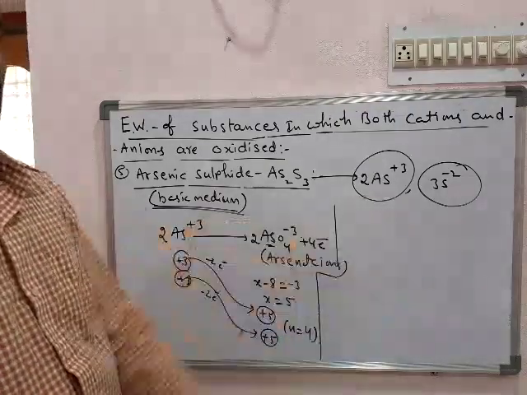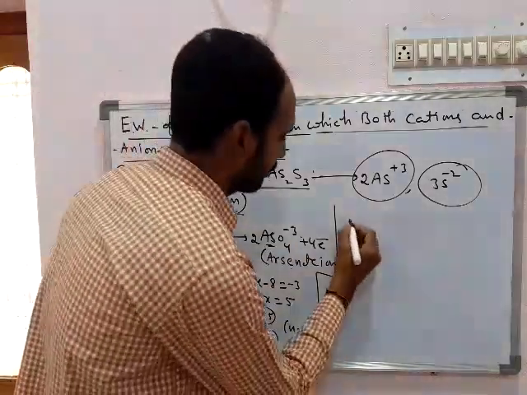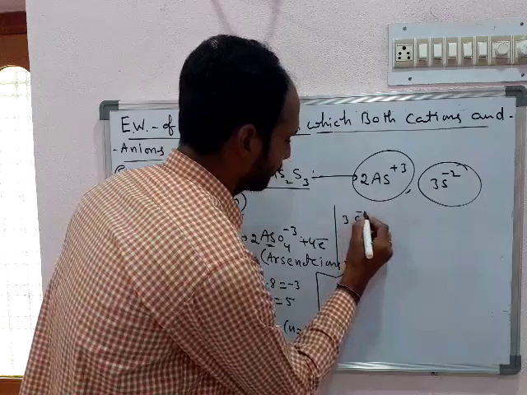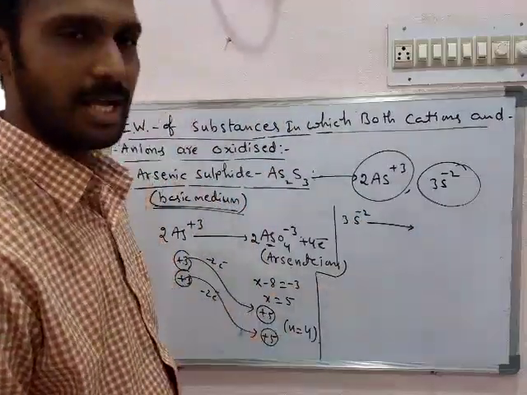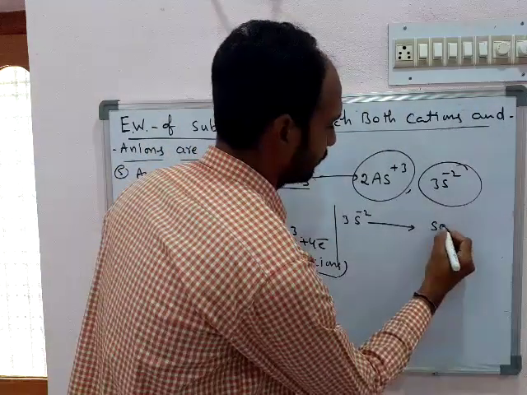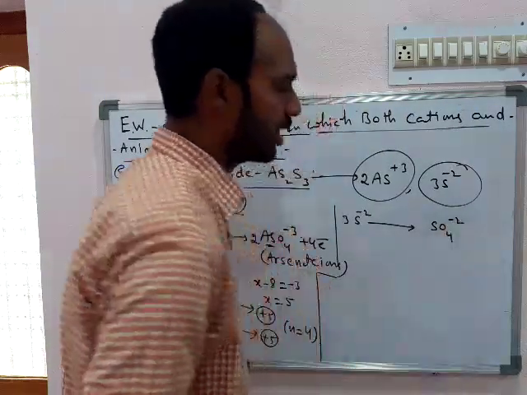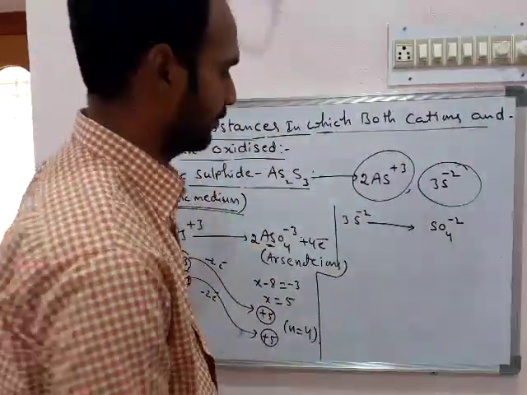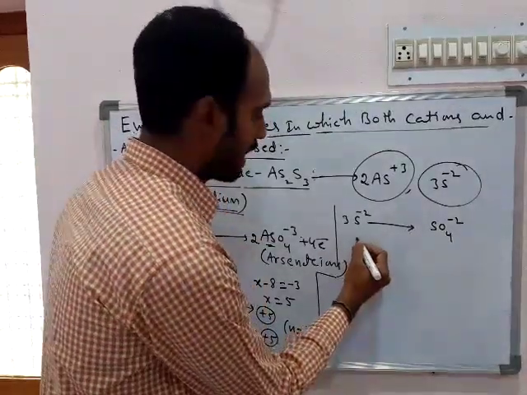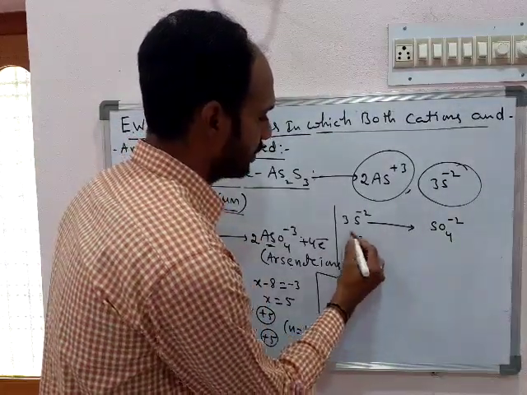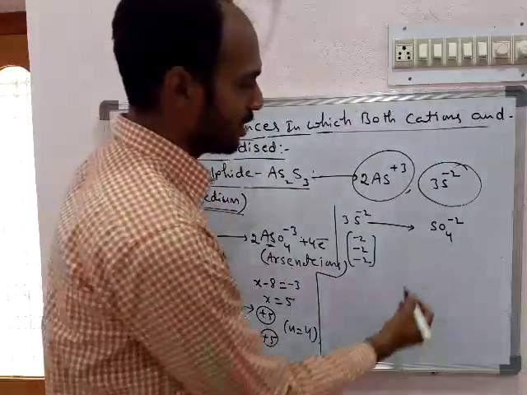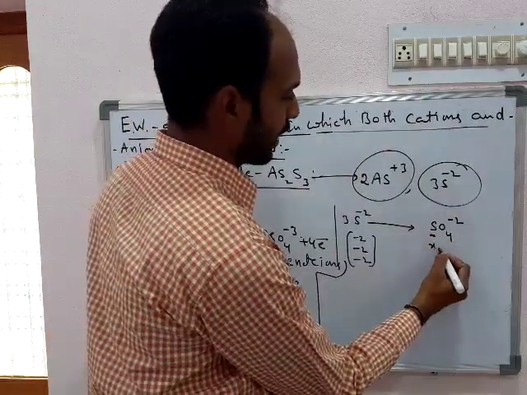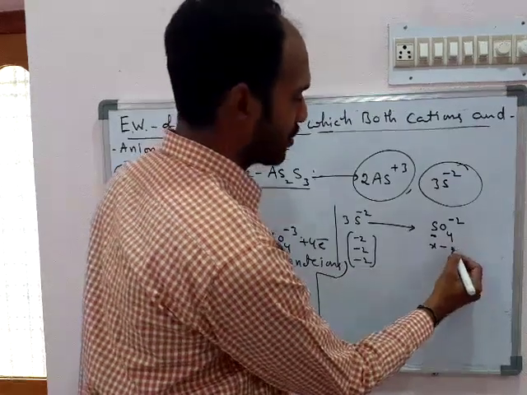Next, the sulfide ions. In basic medium, the sulfide ions are changed to sulfate ions. Here each sulfur has -2, such that 3 sulfurs are present in the -2 oxidation state. So what is the oxidation number of sulfur in sulfate? X. Each oxygen carries -2.